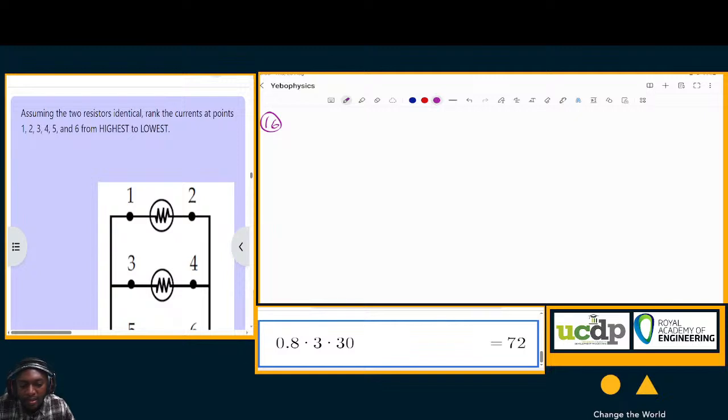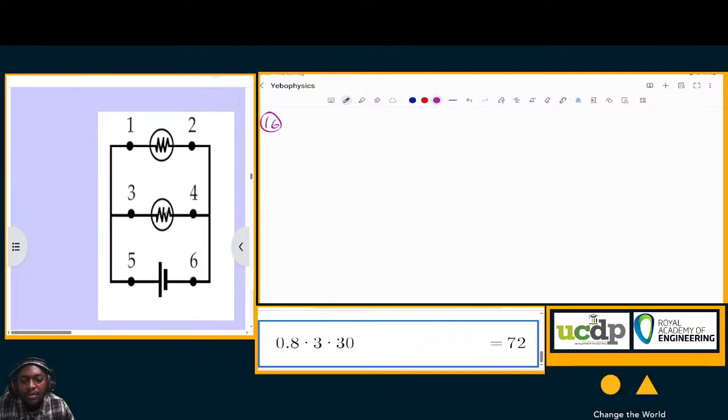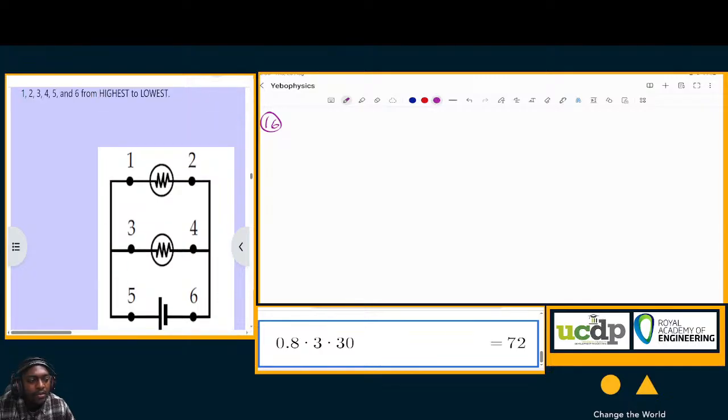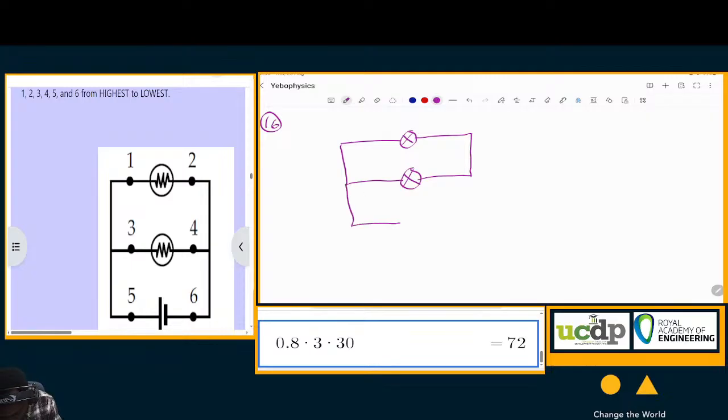So how can we do that? From highest to lowest, so this is what we have. So this is 0.5, 0.6, 0.4, 0.3.